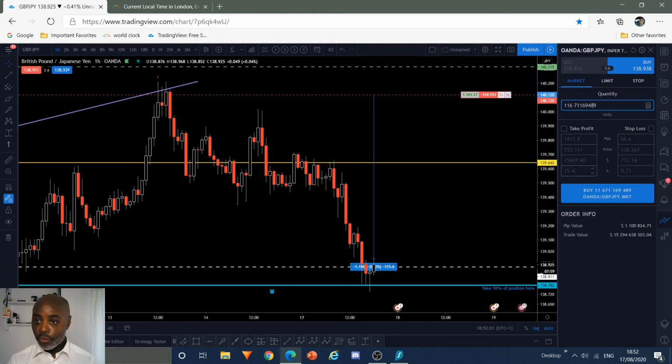Oopsie daisy, that could have got me wrong. And this is why I swing trade, guys, because little errors like that happen. You just saw exactly what happened there, and God knows what would have happened if I had pressed the button to buy. So here we are looking to take off 69,489, which is half of the position at this level at 115 pips.